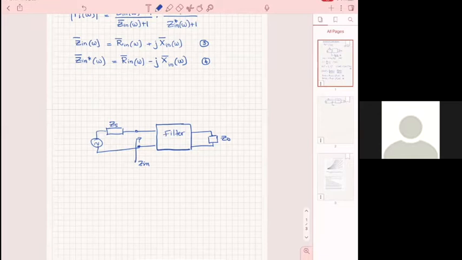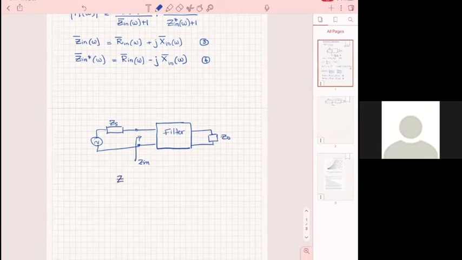Now, in the case where ZS is not a real load, or R naught, but an imaginary, a complex load, in that case we try, for the best performance of our filter, to get into the filter the maximum available power from the source. So to be able to get the maximum available power from the source, this needs to be how much? What do you think?